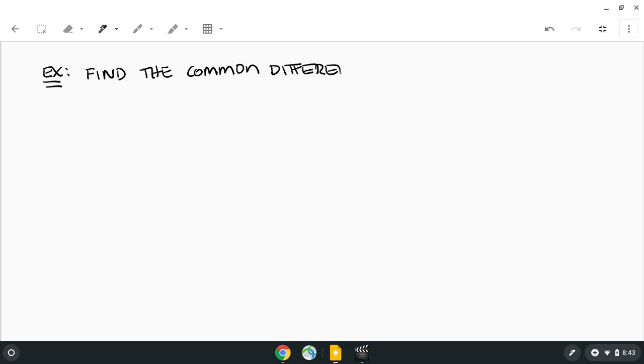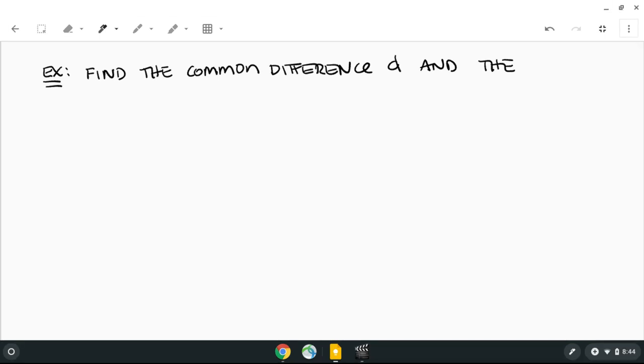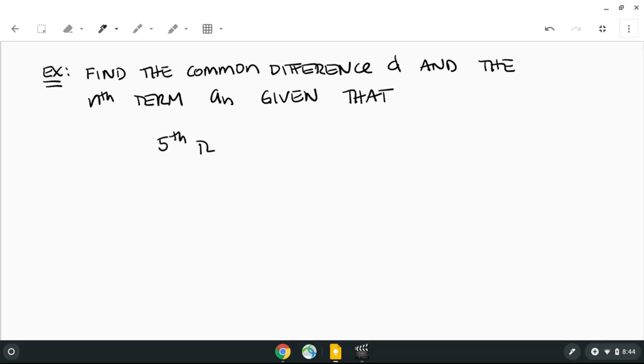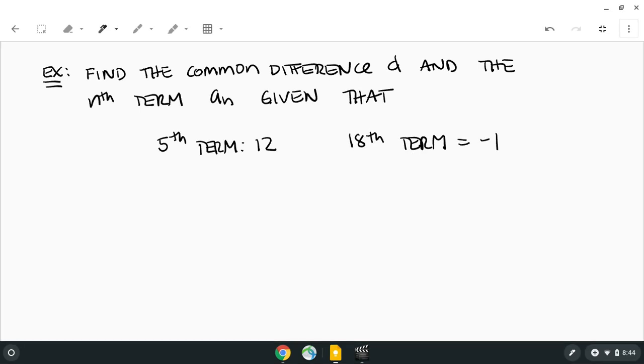Find the common difference, D, and the nth term, AN, given that the fifth term is 12 and the 18th term is negative 1.